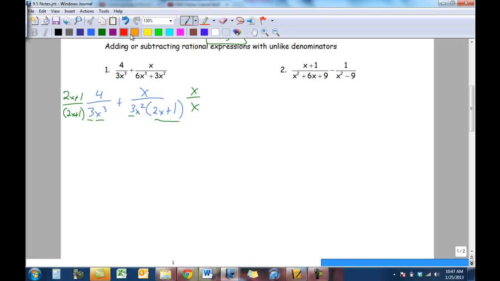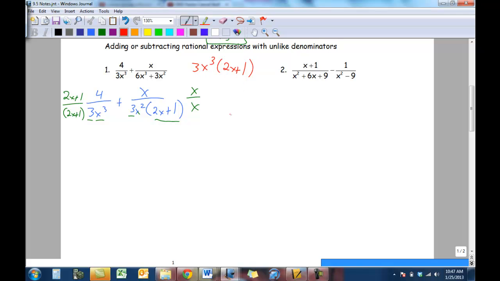And now, hopefully you can see our common denominator is 3x cubed times 2x plus 1. They each had 3's. They almost had x cubed, but this one needed an extra x. And then the third thing that this one needs, that this one has, is 2x plus 1.